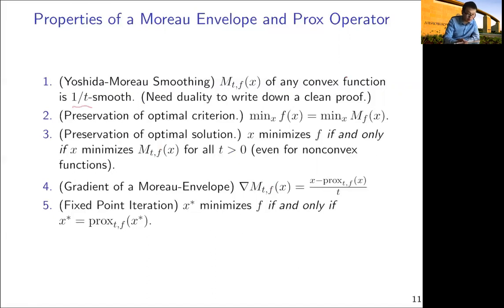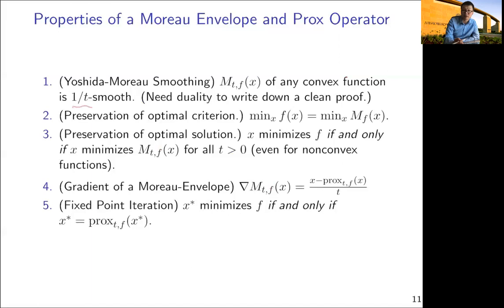The second thing is that it actually preserves the optimal objective value. So the minimum of f of x is the same as the minimum of its Moreau envelope. So that's nice, right? That means that if we can minimize the Moreau envelope, then we can also minimize the original function.